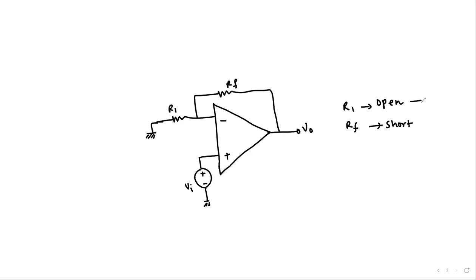So when it is open, that means it is infinite, and when it is short, it means it is 0. So this circuit will take the form like this.